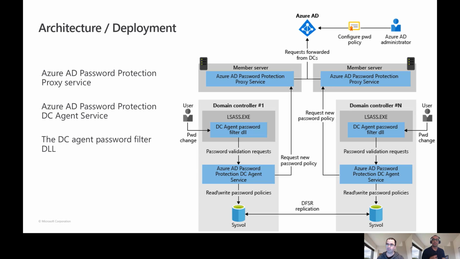It won't apply on the other 40 DCs, which means whichever user goes to those 10 DCs is going to be protected against weak passwords. And if you go outside those 10 DCs, then of course you're not protected, which is not good, but it is the supported way of deployment if you want to deploy incrementally.